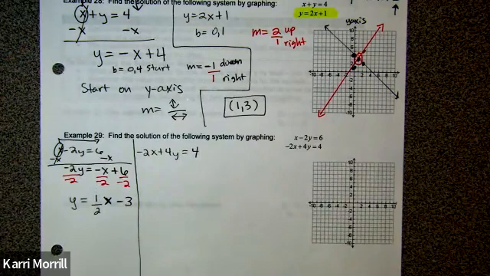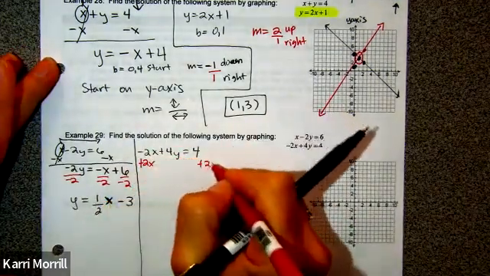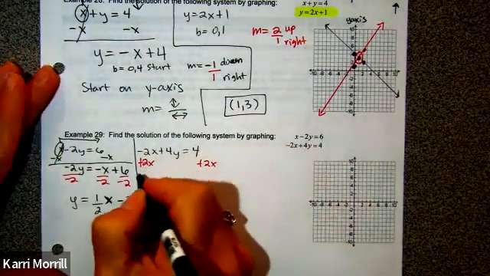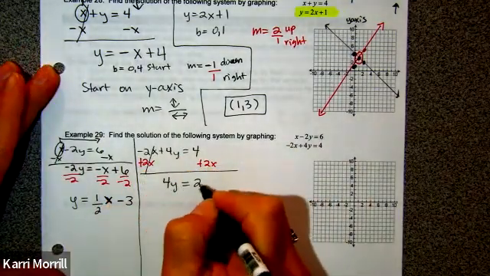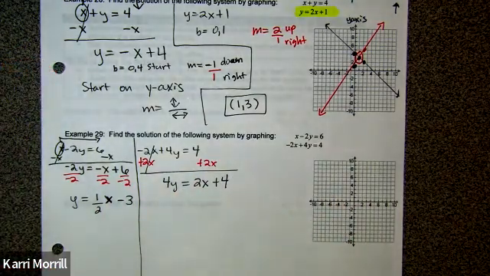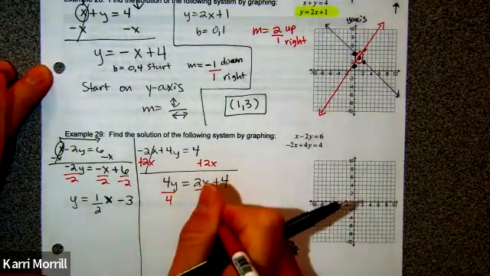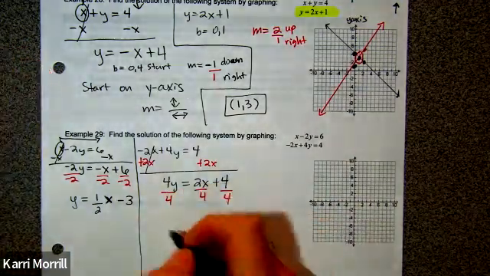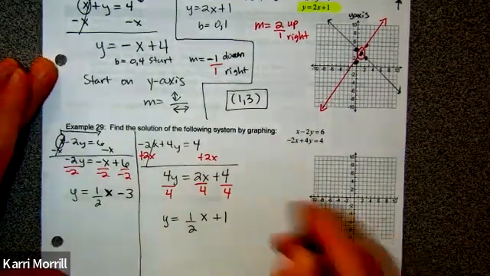What do I do first in the other equation? Add 2x. So we have 4y equals a positive 2x plus 4. What do I do next? Divide by 4. And then when we reduce that, we get y equals 1/2 x plus 1.